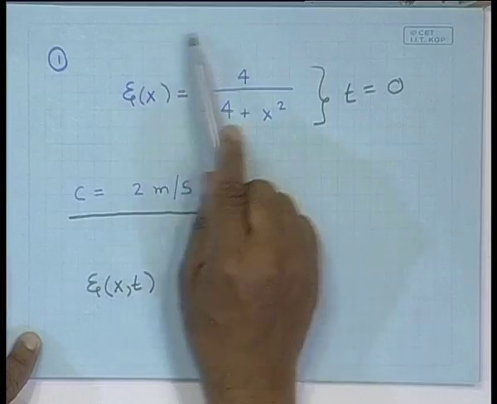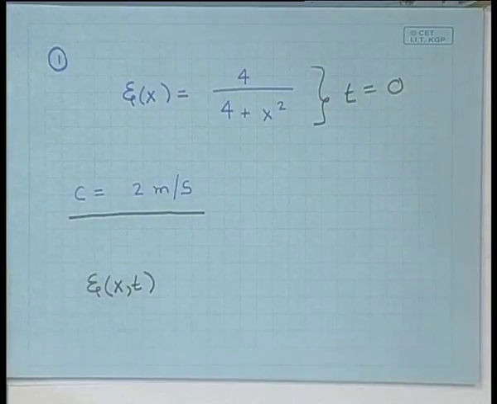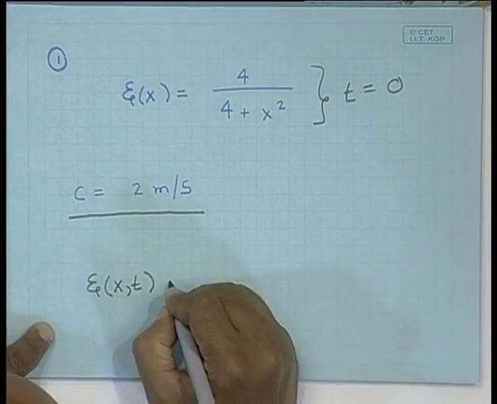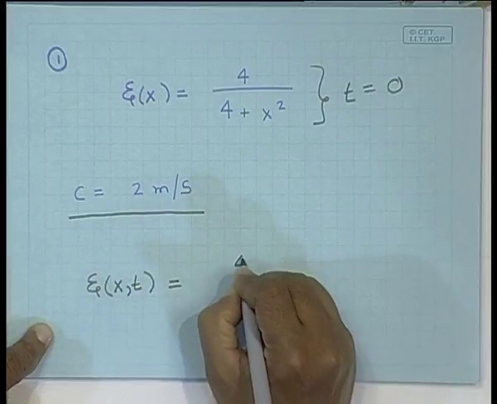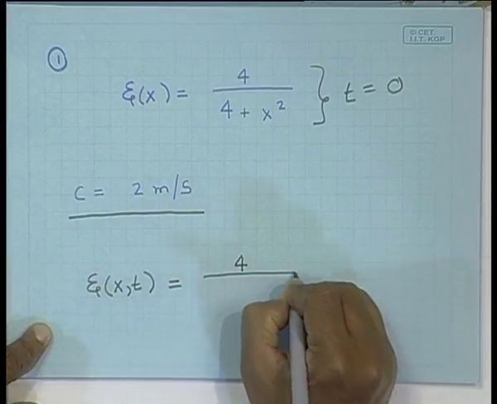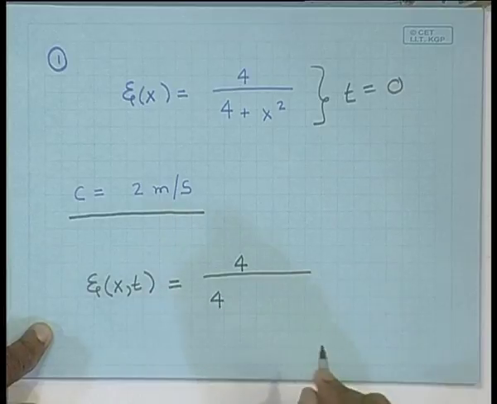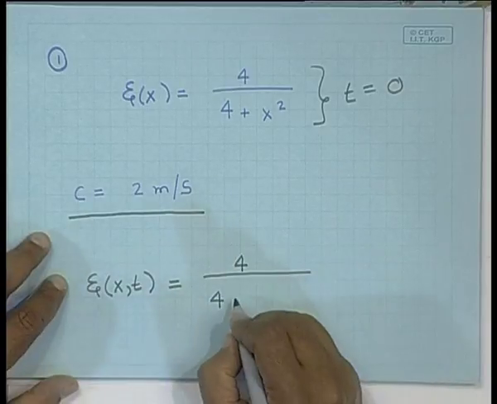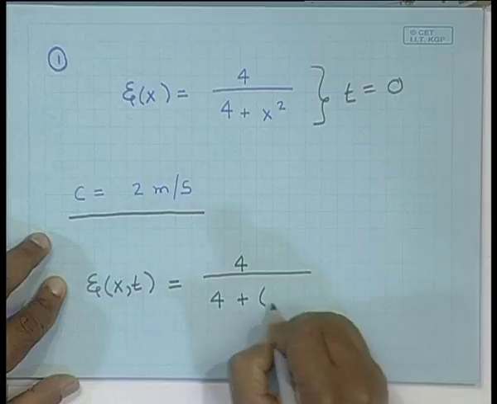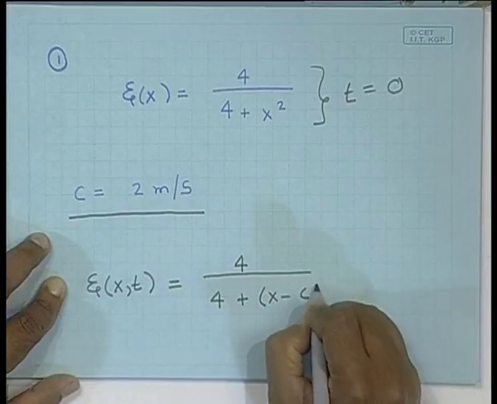Any function of x minus ct represents a right propagating wave, and here the function has this form, 4 by 4 plus x square. So, it is quite straightforward that if this function propagates to the right with the speed c, then the wave is given by this expression.